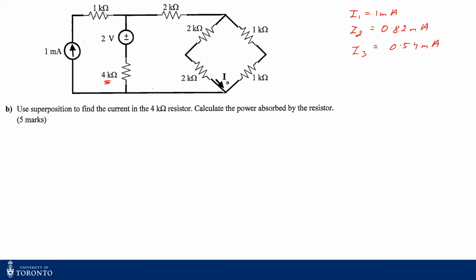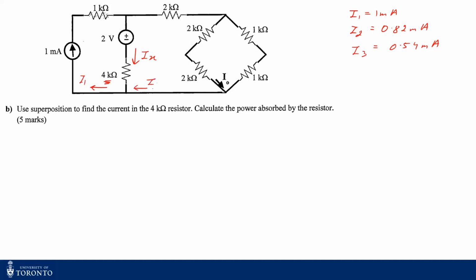I can term this current as Ix, and from my mesh analysis convention, this is my I1 and this is my I2.